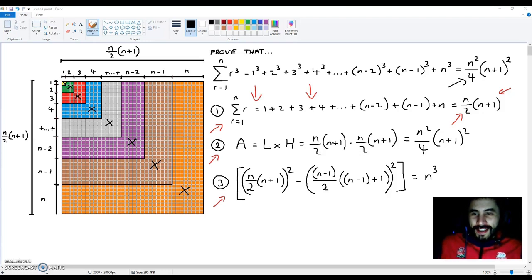You may be thinking that getting the value of each of these areas individually is going to be very, very tedious. But that is not the case. If we come up with one general rule, like rule number 3 over here, it becomes very, very easy and simple to get all of these areas individually.